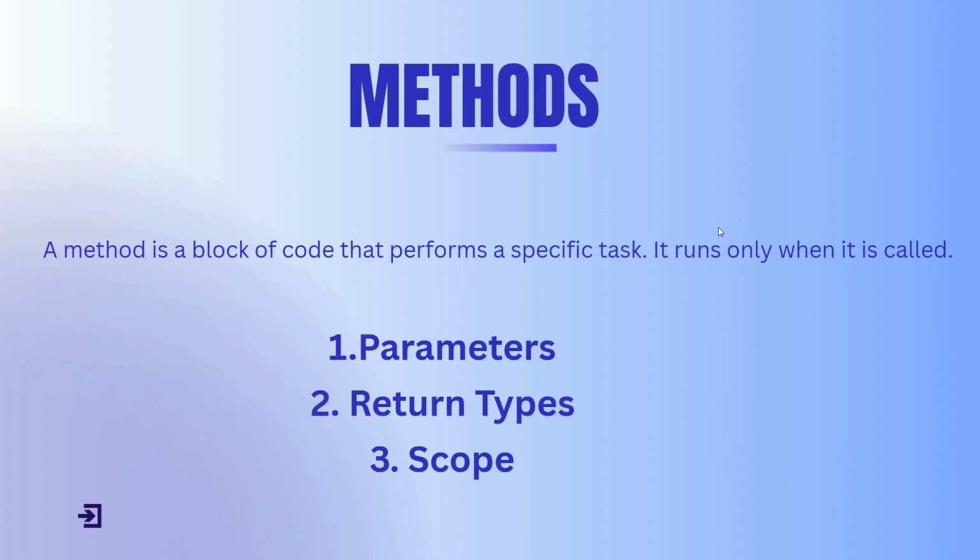So these are the things regarding scope. So parameters, return, and scope come under the method session, which you have to understand, why we are passing some values. So for that we are using parameters. Now let's jump into the coding part.